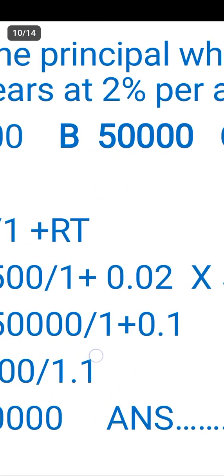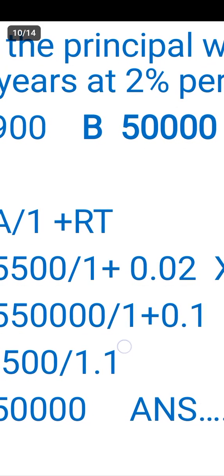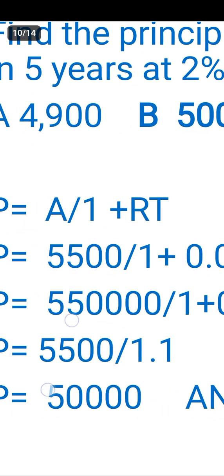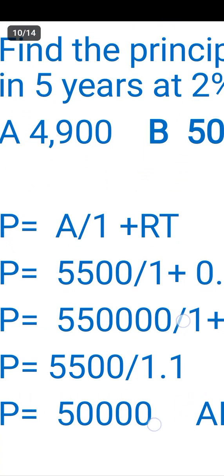So we have 5,500 over 1 plus 0.1. 1 plus 0.1 gives you 1.1. That's how we arrive at 5,500 over 1.1.